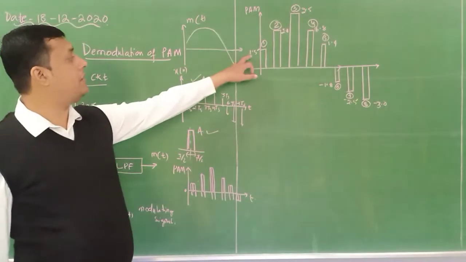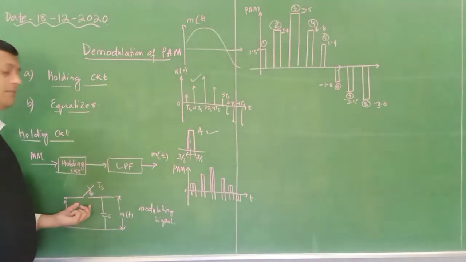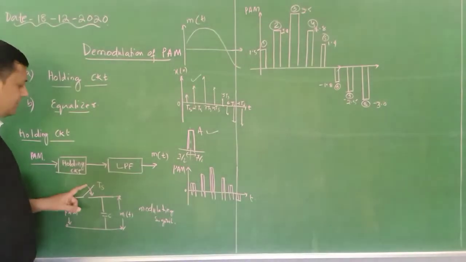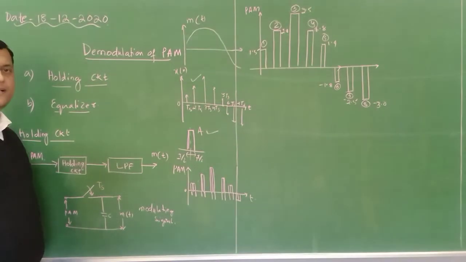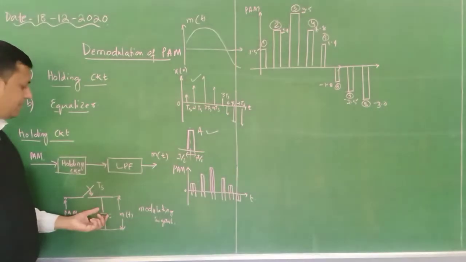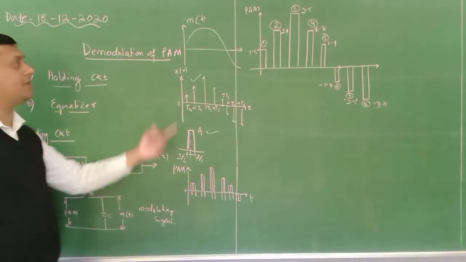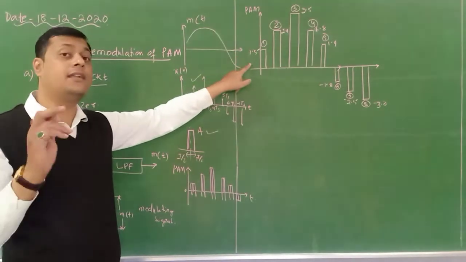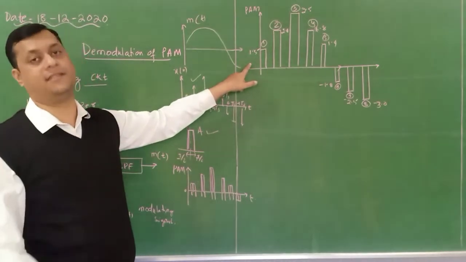Now when this 1.5 potential is observed in this particular switch, the switch will close for the time period Ts. In that time, the capacitor will hold a particular potential, that is 1.5, until another potential is reached.